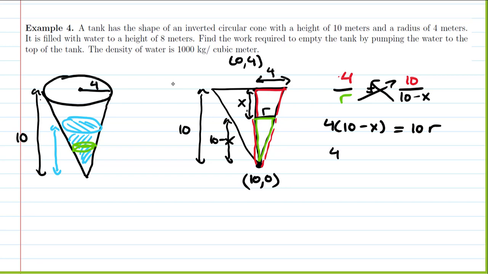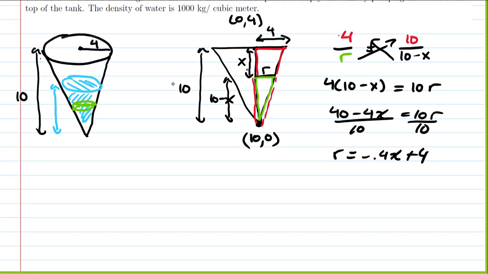Then distributing, 40 minus 4x equals 10r. And then we divide by 10, and we get r is equal to, well, negative 4 divided by 10 is negative 2/5 or negative 0.4. So negative 0.4x plus 4 would be our relationship for r. It says the radius of that cone is equal to negative 0.4x plus 4.